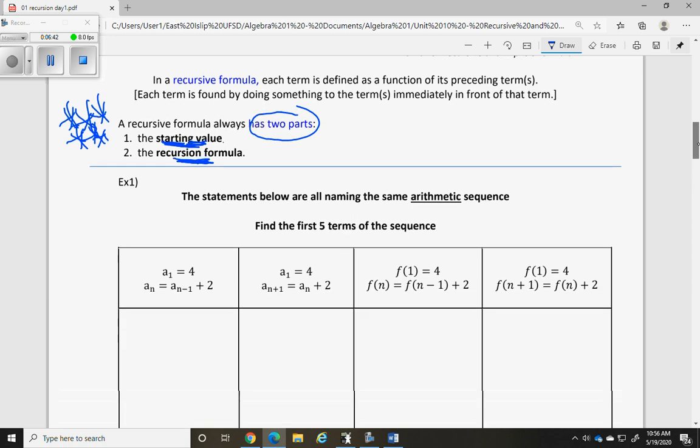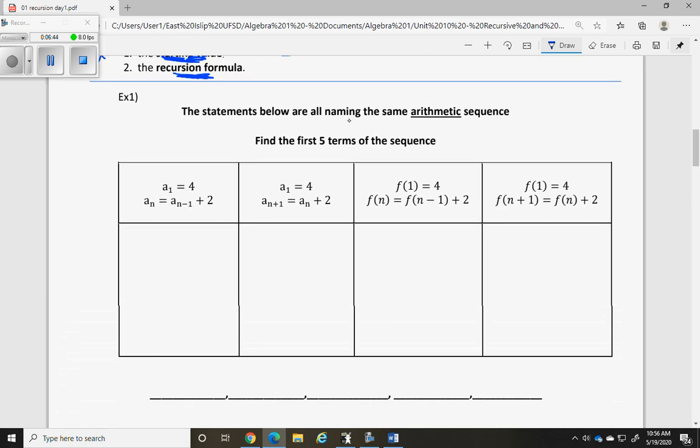So all of this is about an arithmetic sequence. Remember, with arithmetic sequences, it means that we're adding on the same number. It's the same sequence, just written multiple ways. They're all recursive. This is the starting value, and then this tells me what to do.